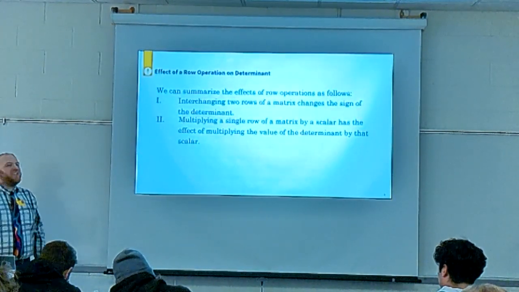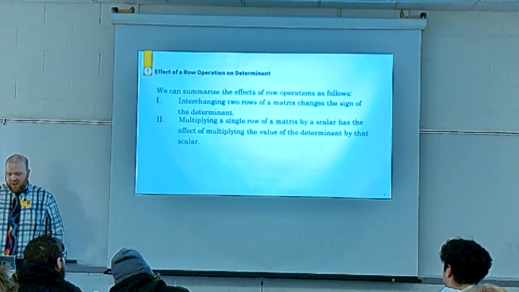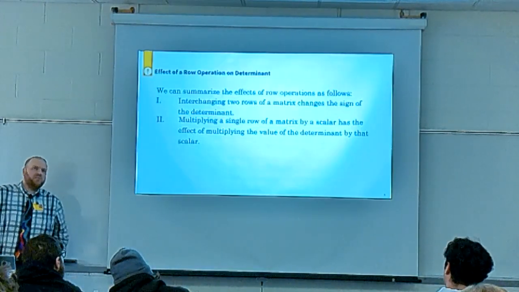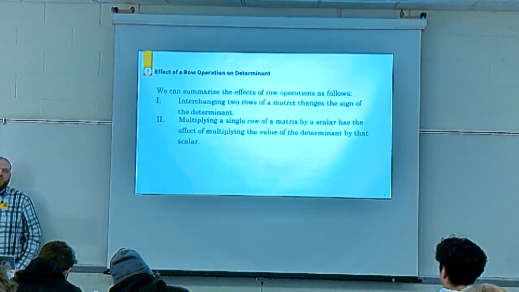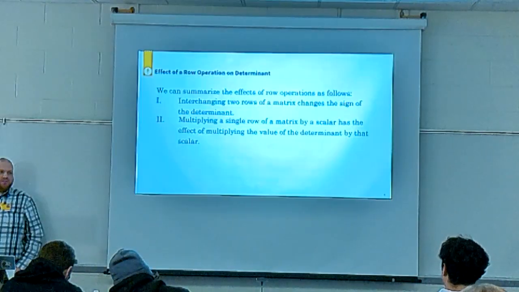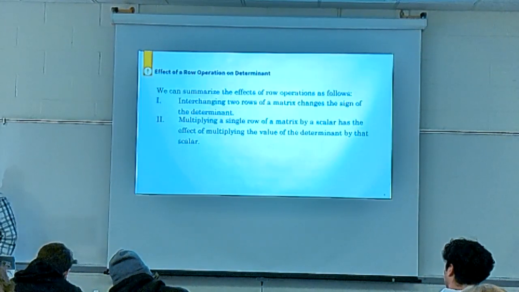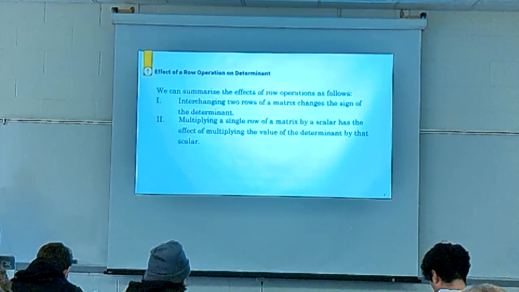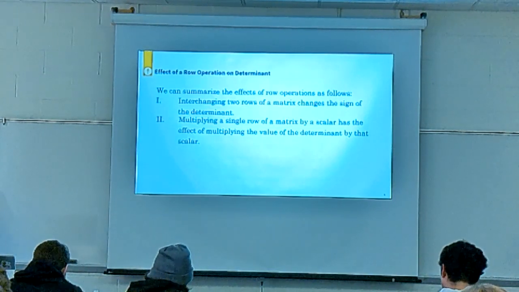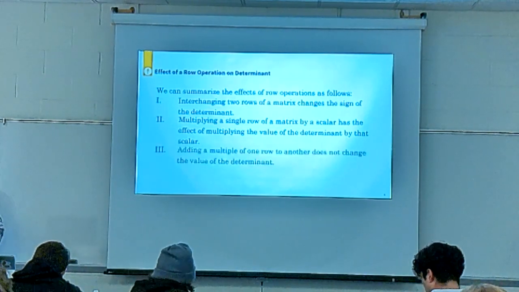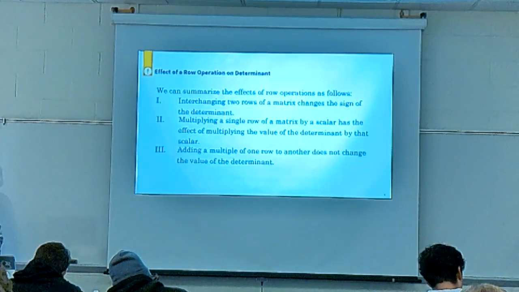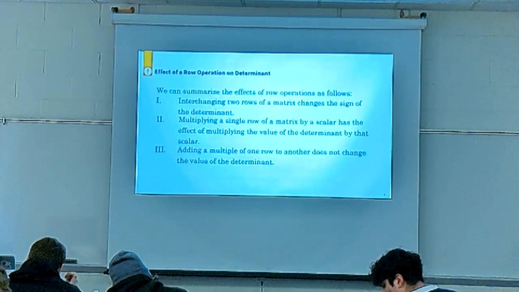If you multiply a single row of a matrix by a non-zero constant, then you just multiply the determinant by that same constant. Finally, adding to a row a multiple of another row has no effect on the determinant.